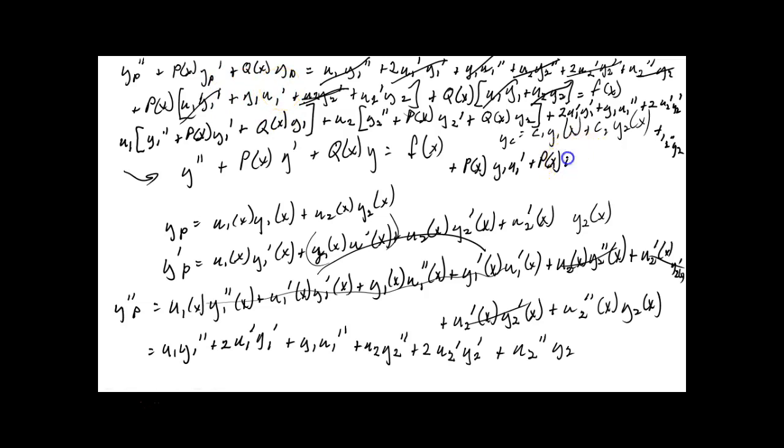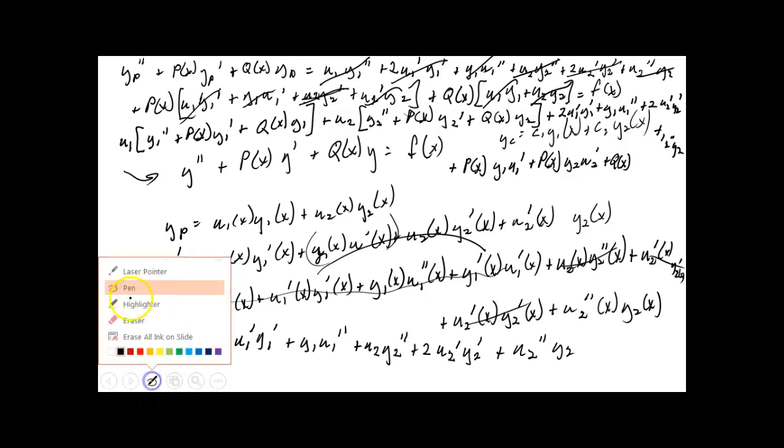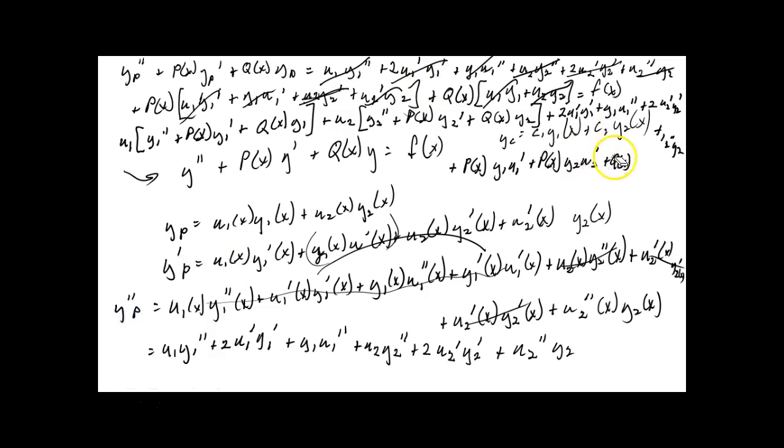I'm going to call it Y2 U2 prime. That takes care of those two. Plus a Q of X. No, that's gone. The Q of X's are gone. Sorry about that. Okay. And all this thing is equal to f of x.